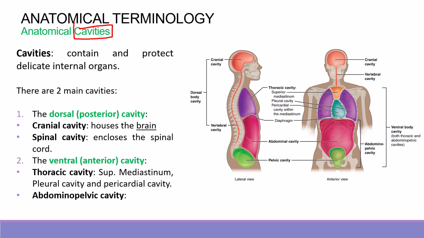So in general, if this is a lateral view of the human, we know that this is the nose, and this is the mouth, this is where the eyeballs are located. So we know that this side is the anterior side, right? And therefore, this is the posterior.